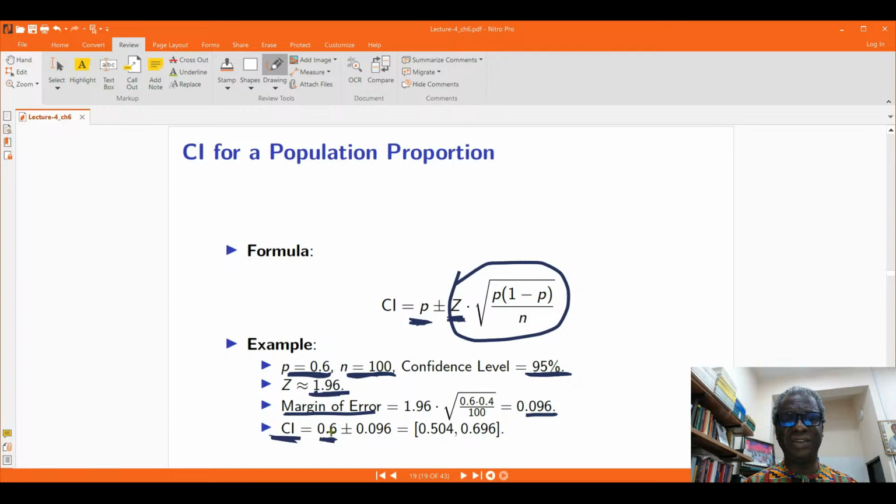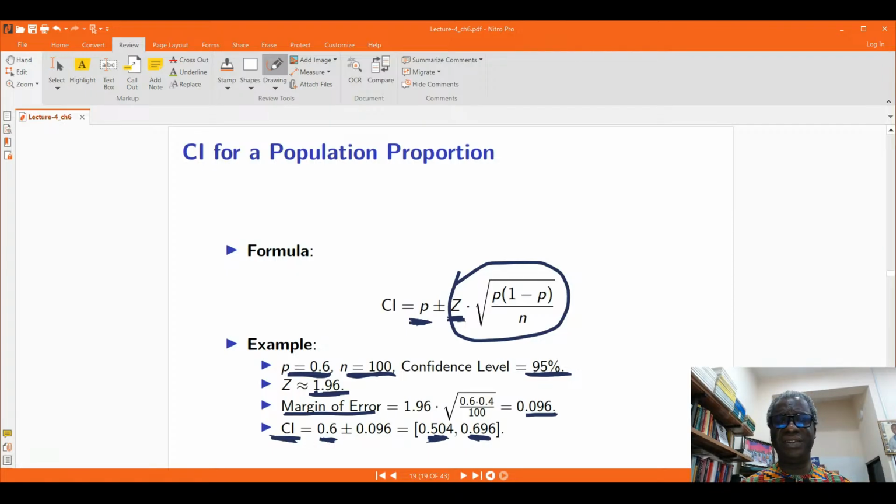If I remove 0.096 from 0.6, that gives me the lower limit. If I add, that gives me the upper limit.